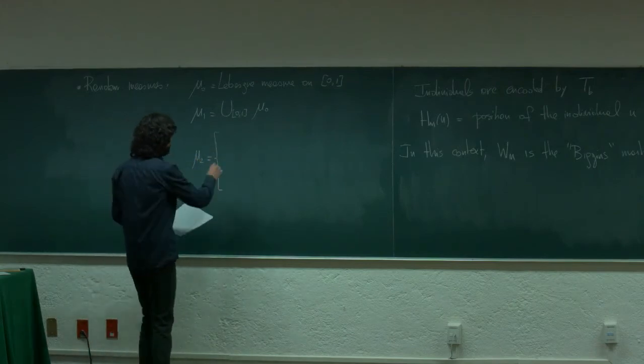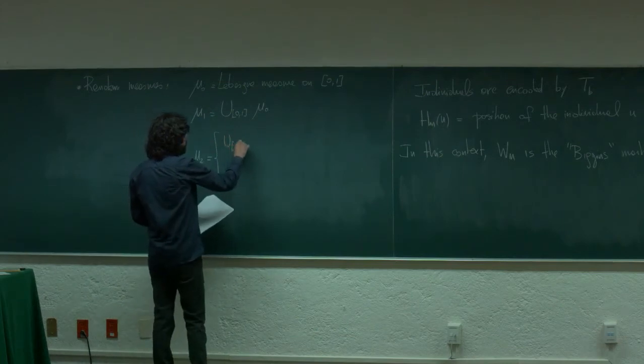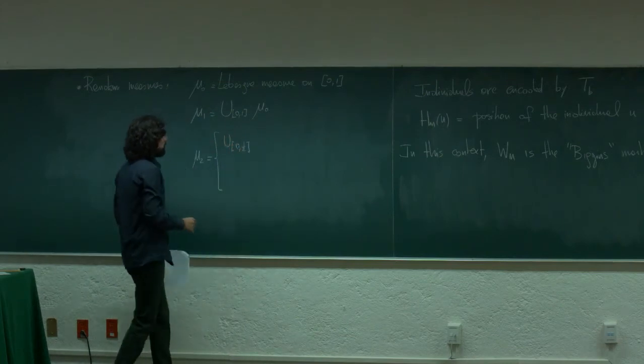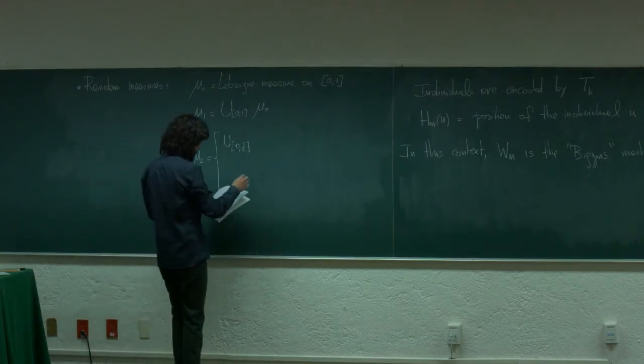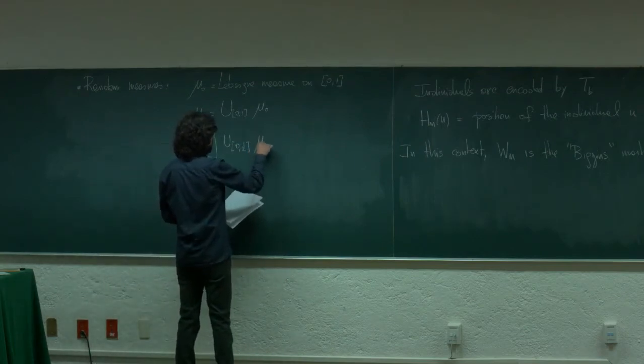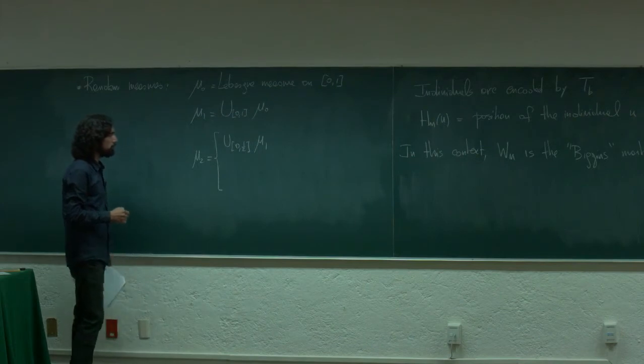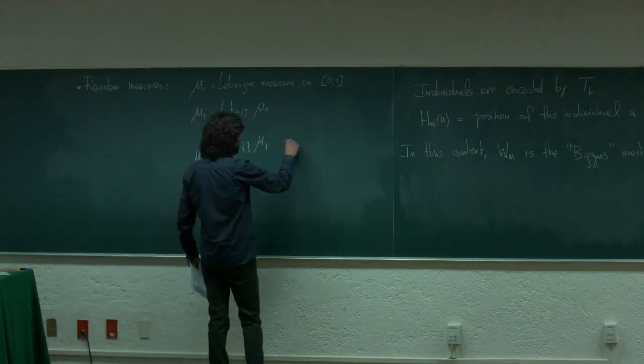Next, you define mu 2 in two cases. So if you are in the interval [0,1/2], you weight mu 1 by the random variable corresponding to the interval [0,1/2].